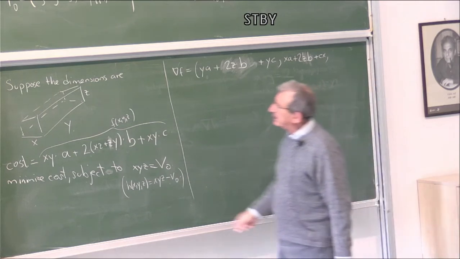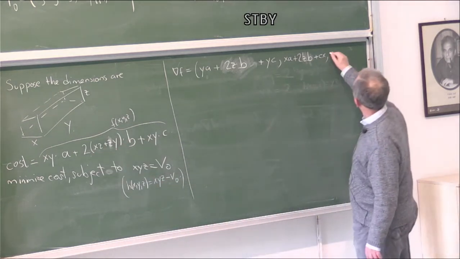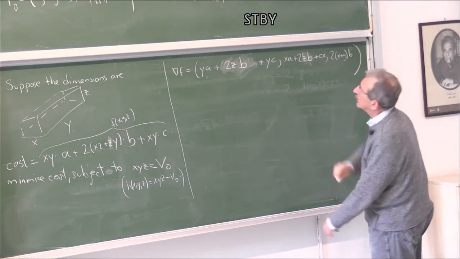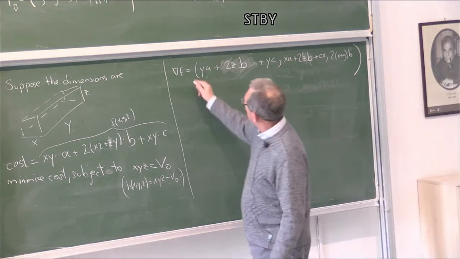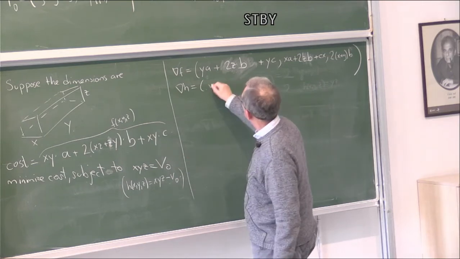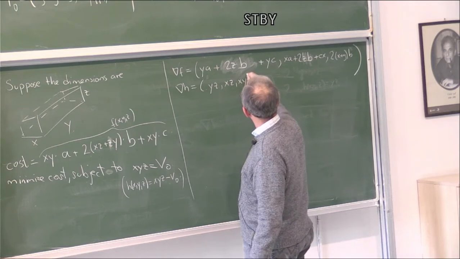With respect to z, we just have 2x plus yb. So these are the derivatives for f. For gradient h, we have, as before, yz, xz, and xy.